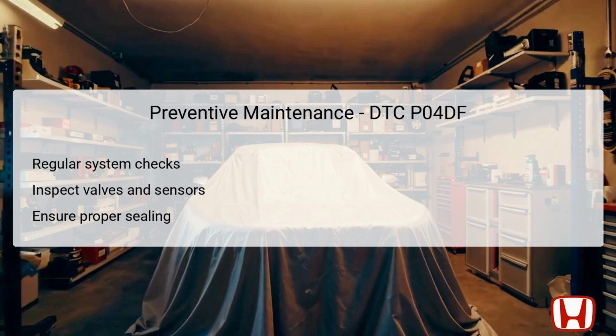is vital. Routine system checks can identify potential problems before they worsen, particularly with components like the EVAP canister and purge valve. Inspections should include evaluating these parts for wear, leaks, and any signs of malfunction.